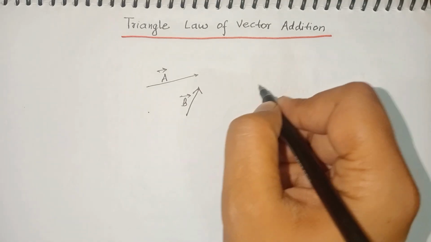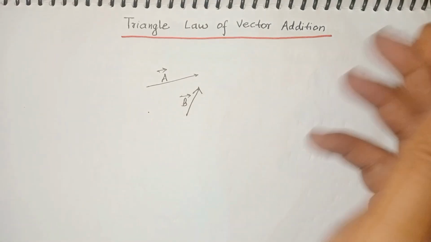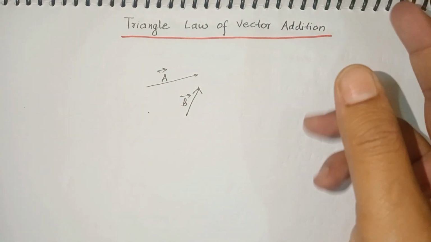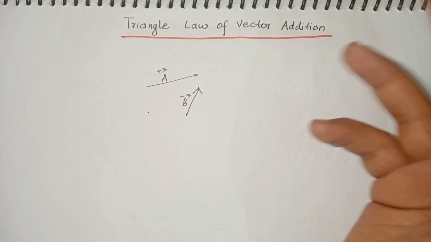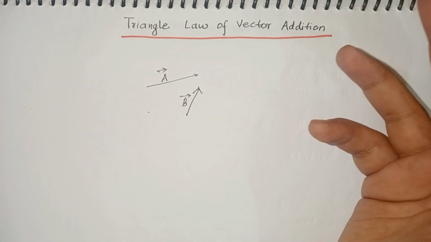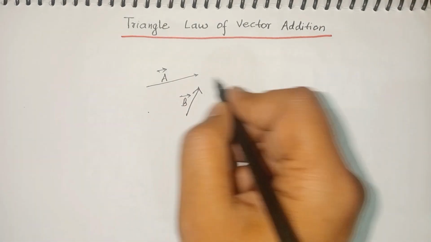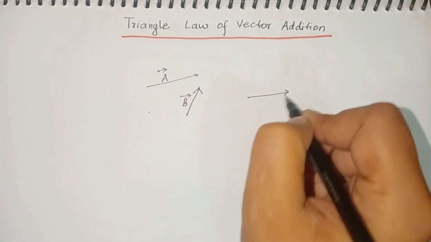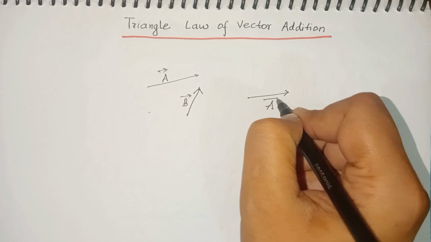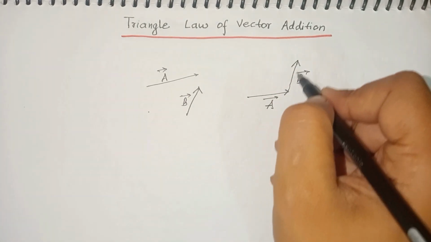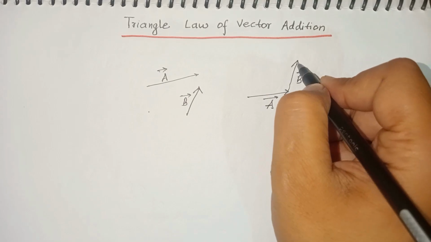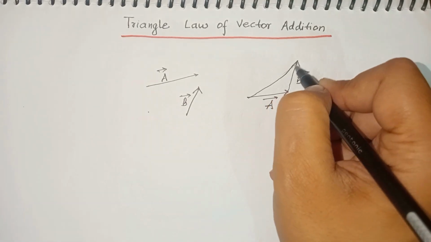This law states that if two vectors are taken in the same order as the sides of a triangle, then the third side will give the resultant if the third side is taken in the opposite order. Let this be vector A, and vector B is plotted from here. If these two are the sides of a triangle, the third side will be this, and this side will be the resultant.